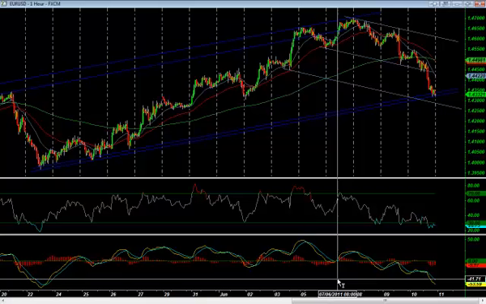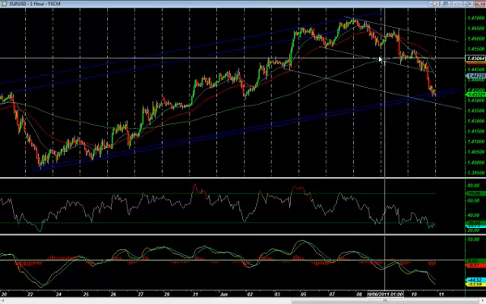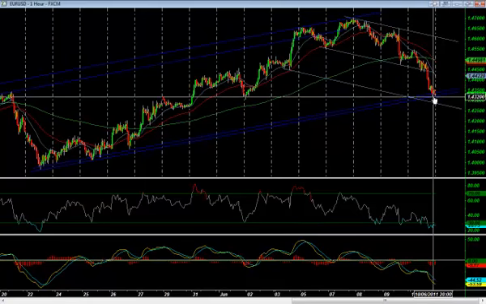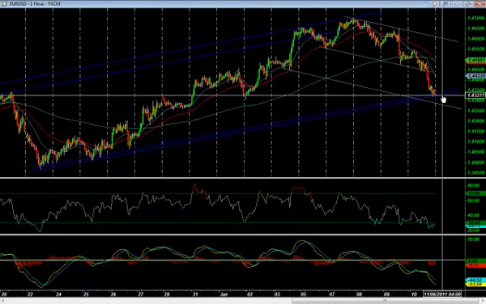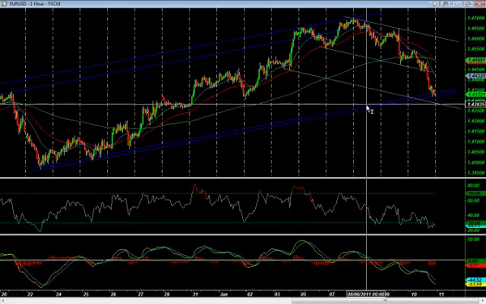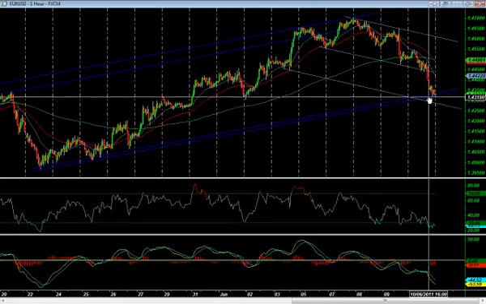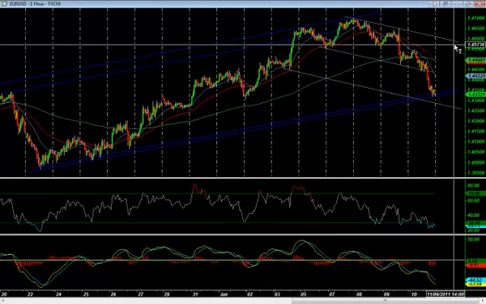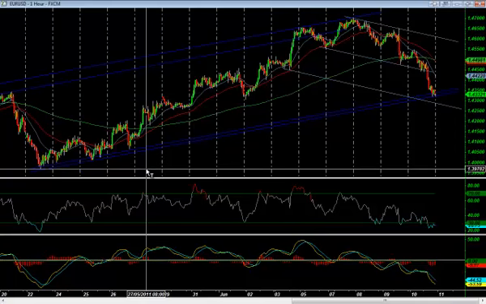If the euro is lining up in a similar fashion, that adds extra weight to our pound dollar trade. With this being down here at support, you could possibly be looking at a dump below this trend line, touching this, and then reversing and moving back up. So they're both saying the same sort of thing, suggesting we are going to see some dollar weakness at the start of next week.